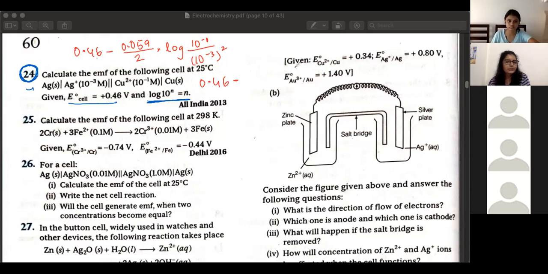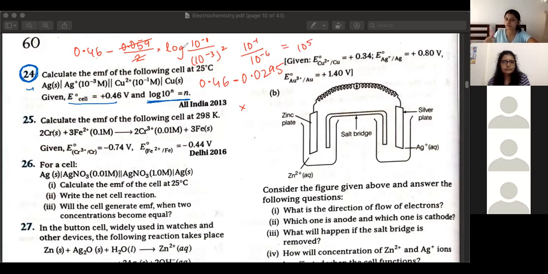0.059 divided by 2 कितना होगा? Answer is 0.0295. Correct. Into, if you simplify this, 10 raised to power minus 1 divided by 10 raised to power minus 6, so upar jaake it will become 10 raised to 5.